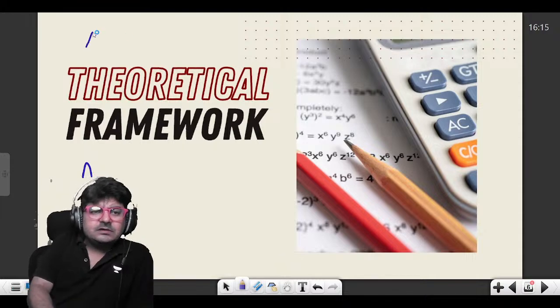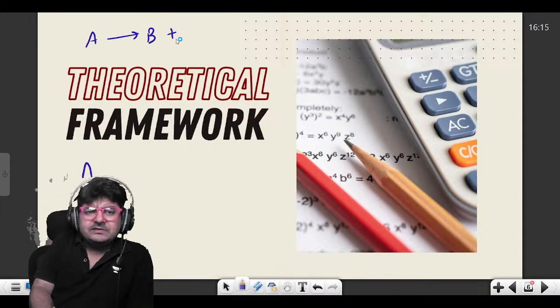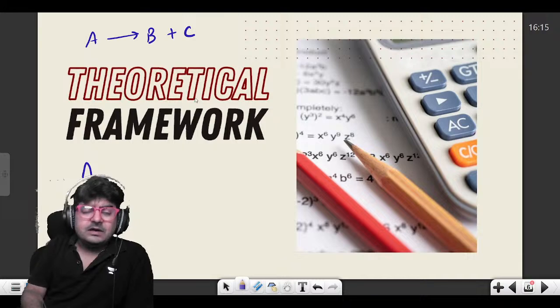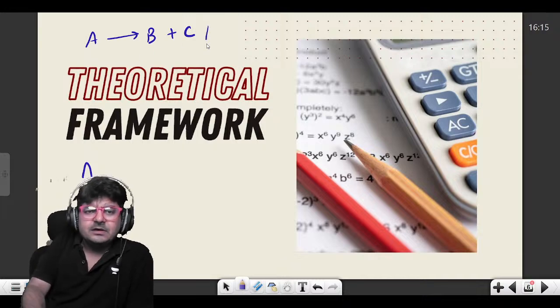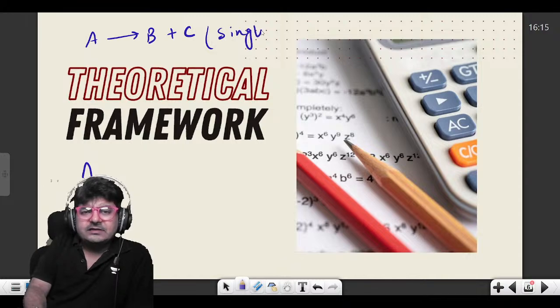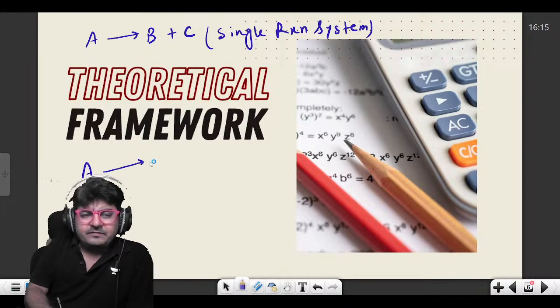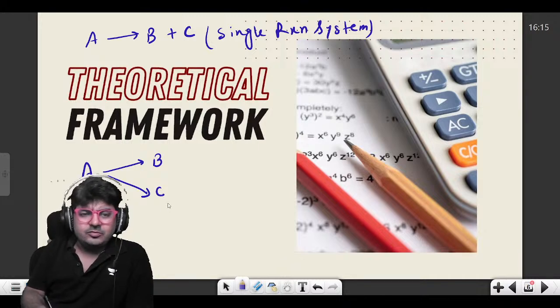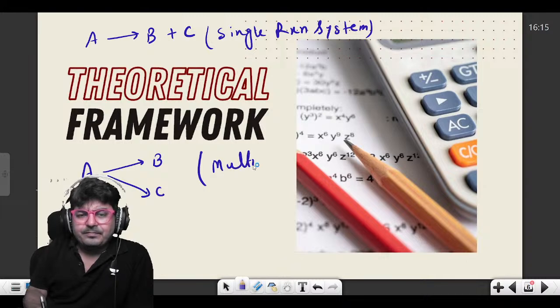Suppose there is a reaction A gives R plus C. This is a reaction where a reactant gives two or more products, but following a single path, so this is an example of a single reaction system. But in a parallel reaction, we get two or more products from two different reaction paths, and thus it is a multiple reaction system.